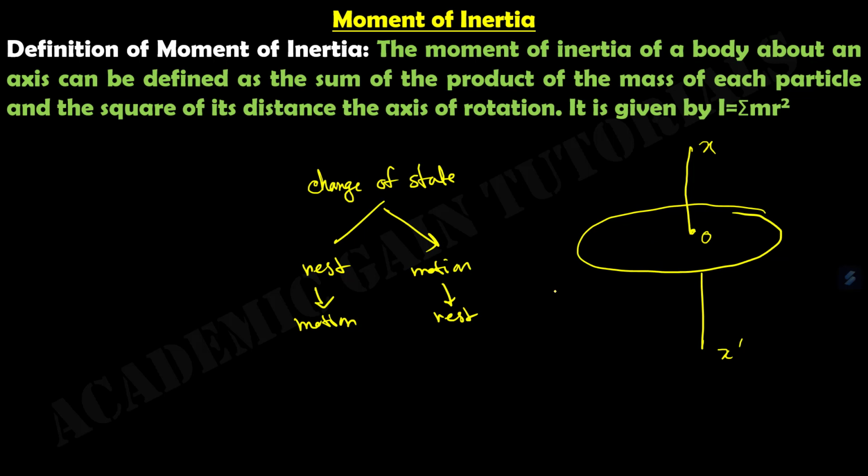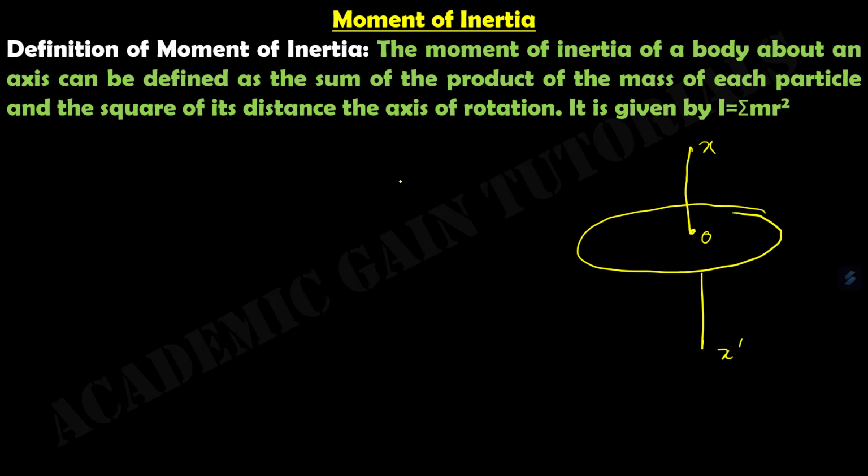If this body opposes any change in its state of rest or uniform motion, in other words, we can say that it possesses inertia of rotational motion. So from this theory, we can say that moment of inertia is something which opposes the change of rotational motion. Let us take an example to understand it very clearly.